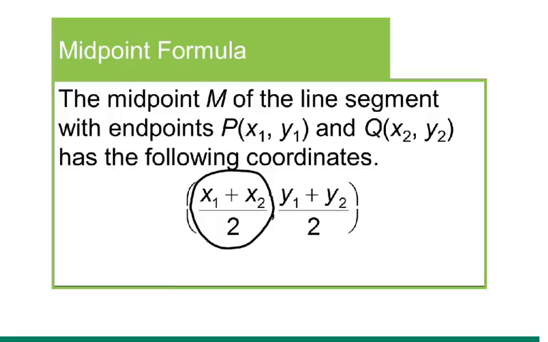So what we're doing is taking the average of the x values. Same goes with the y values. So the midpoint is the average of the x values and the average of the y values, put together as a point. And that is our midpoint between 2 points that we are given.